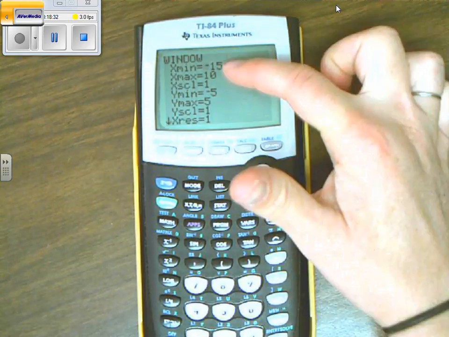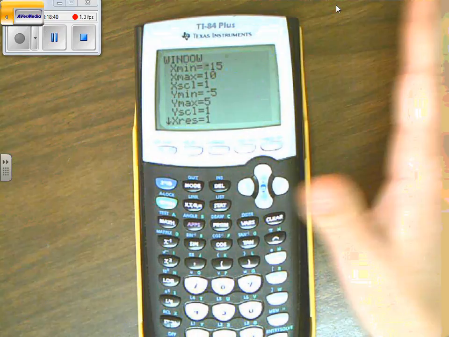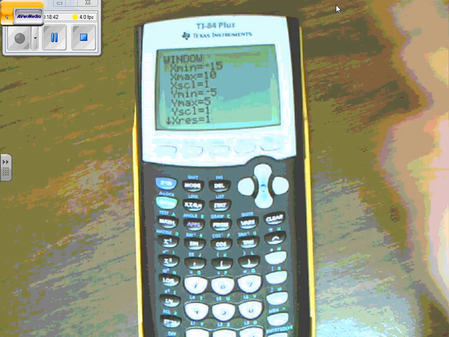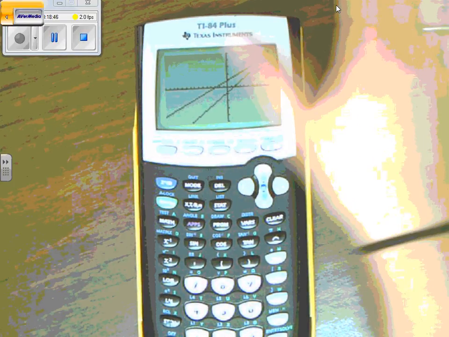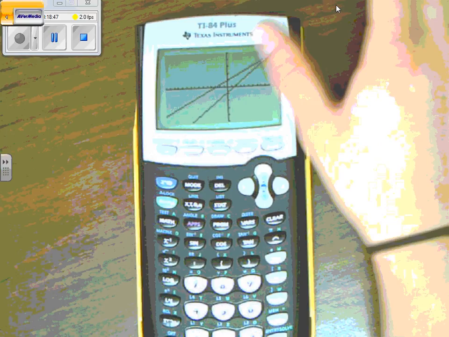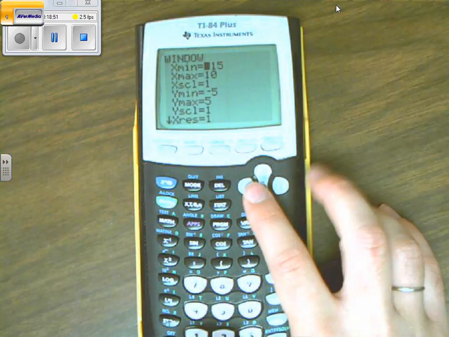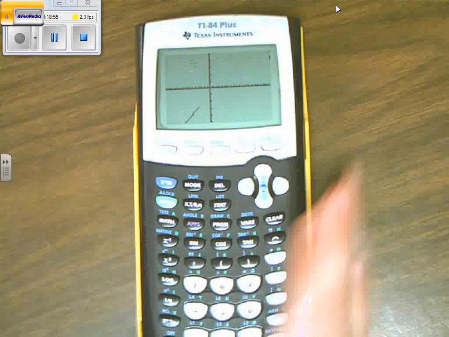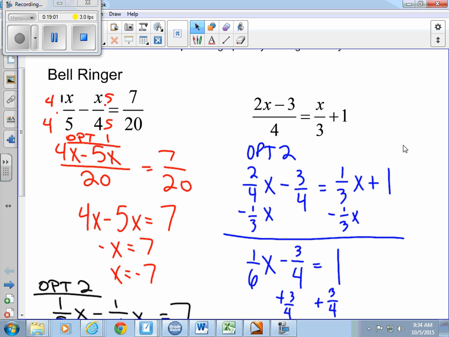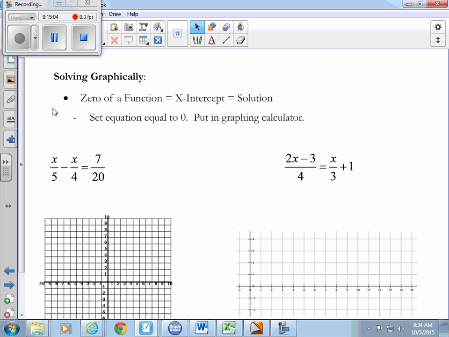She still has the X max at 10. Well, we know the answer is 10.5. So she can't quite see the intersection, and that's what I mean by the calculator can fail you if you can't get that intersection in the window. But if you look, it looks like it's just a little bit to the right. So I'm going to make my X max bigger a little bit, and now it will show up. So you do have to fit the intersection in the window for it to show up.